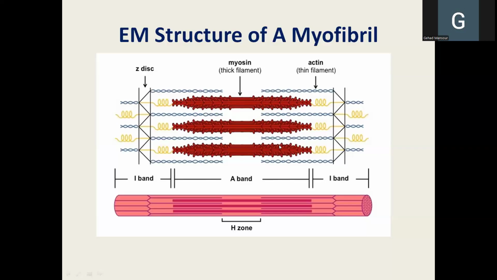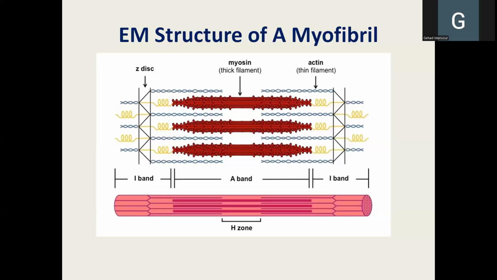And since every myofibril is made of a series of sarcomeres, if all the sarcomeres shorten, then the whole muscle shortens. And this is the cause why a muscle like the biceps thickens upon contraction, because it shortens. And this is also the cause why it can move a joint, because it approximates the insertion, which is attached to the movable bone, towards the origin, which is attached to the stationary bone.